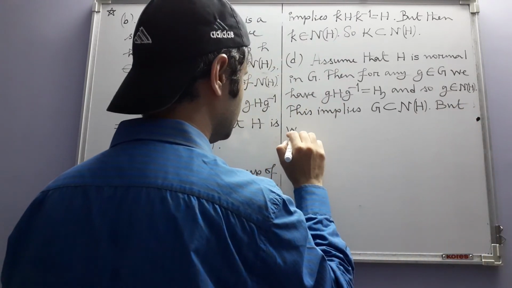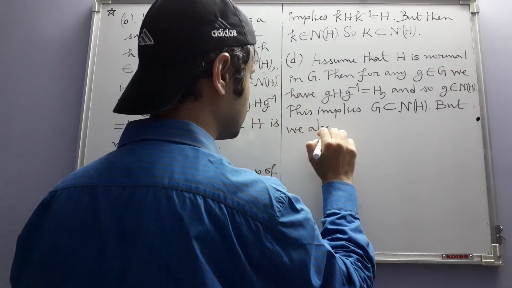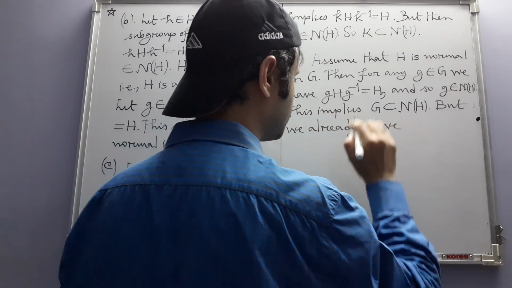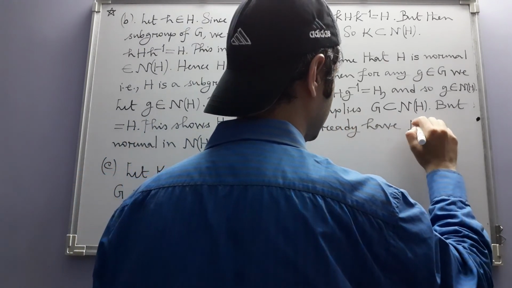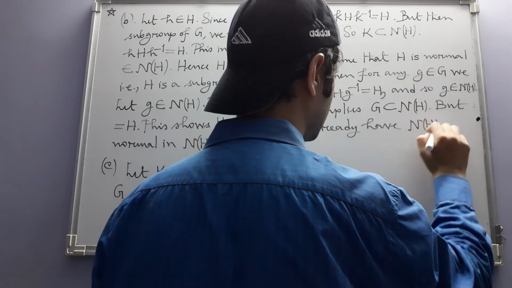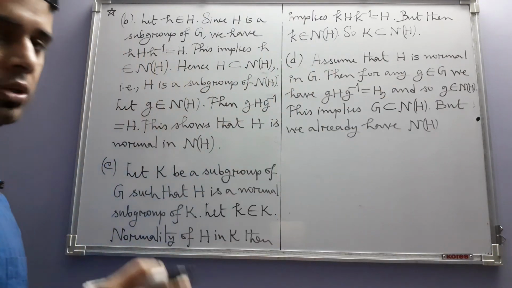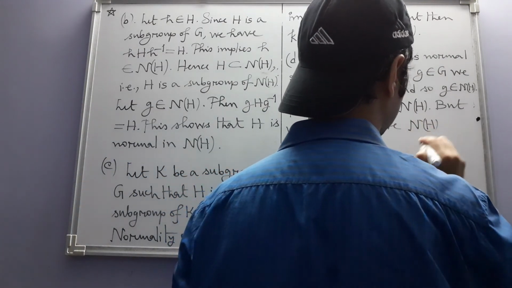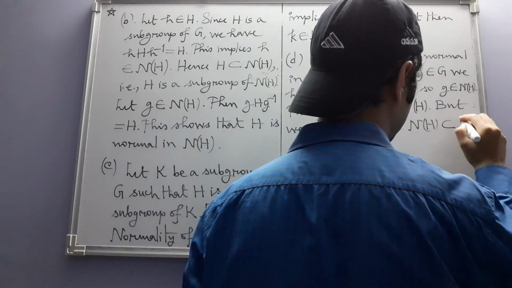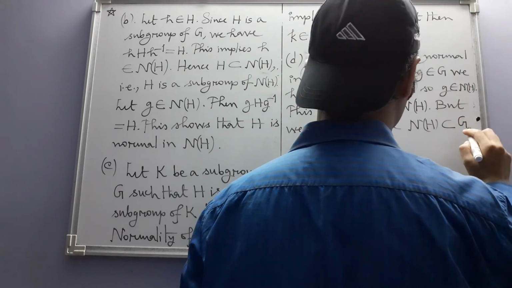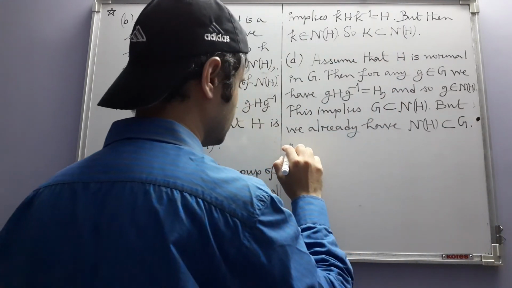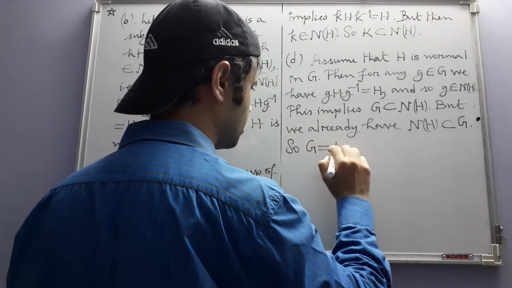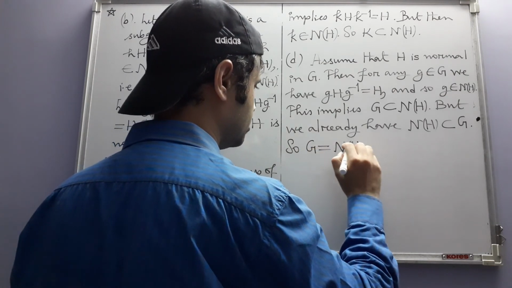But we already have NH contained in G, because G is the largest group in which everything is happening, and all the other systems are subgroups of G. So G is equal to NH.